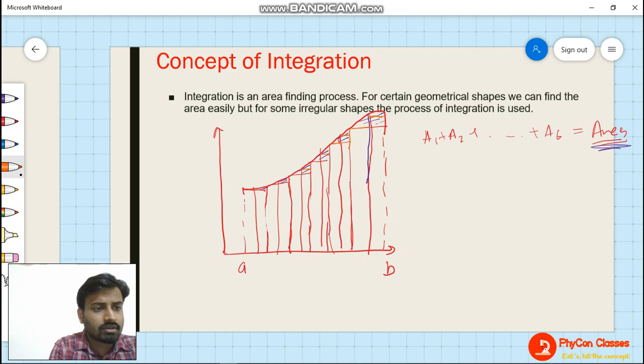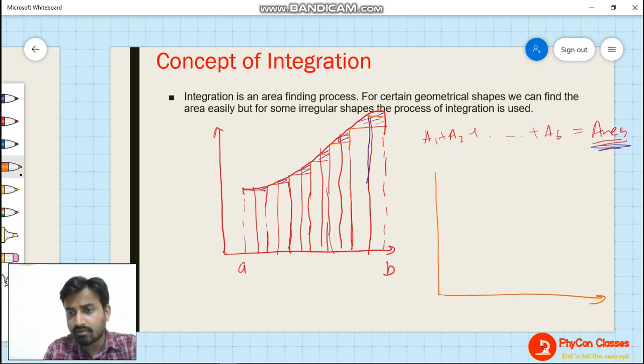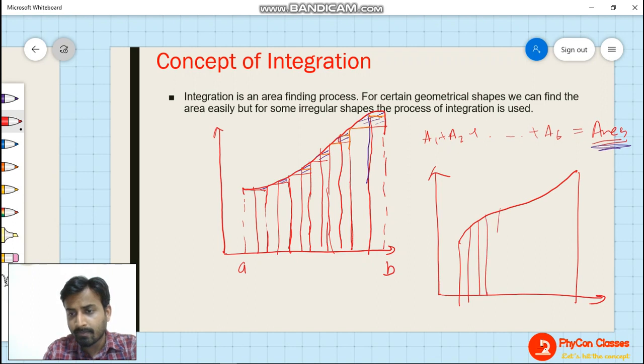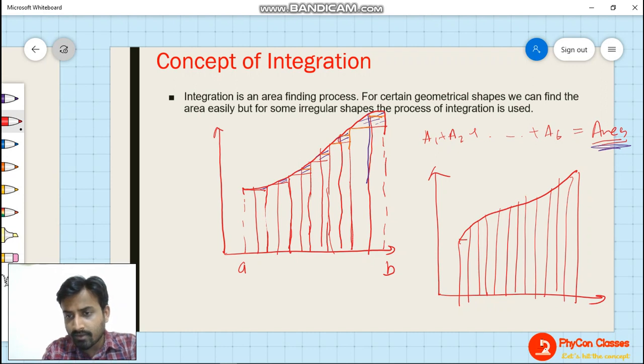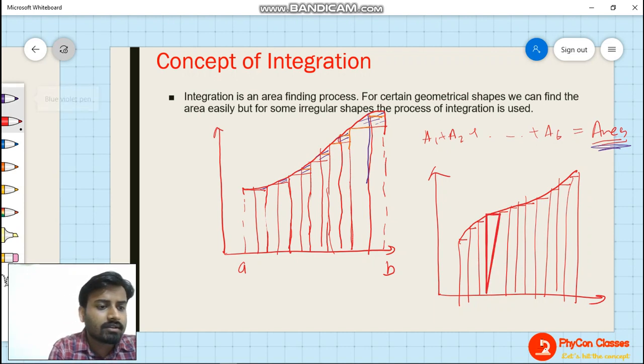Or better, I should draw another diagram. Let me draw another diagram here to explain it. Now, if you take more rectangles like this, right? So these rectangles will be like this. Now here, see this area that was producing error.